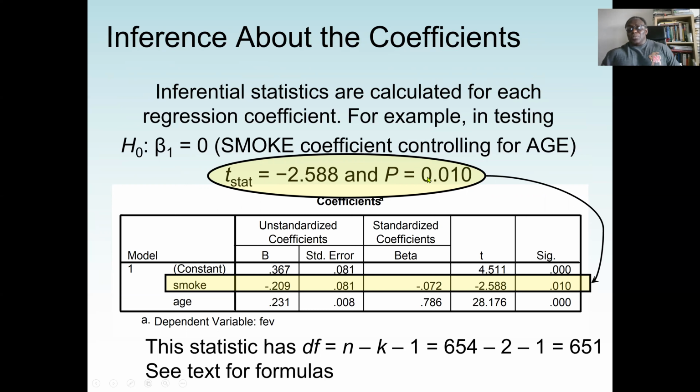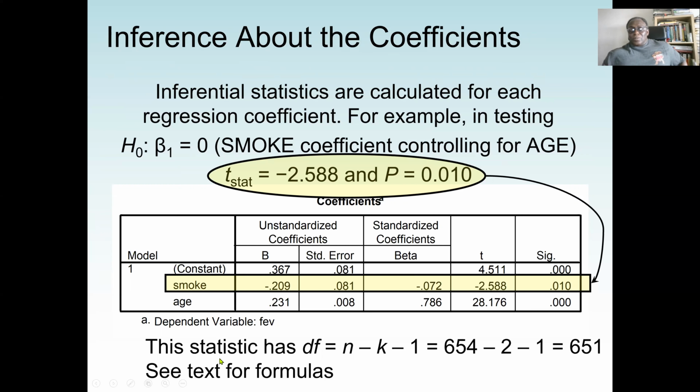Now, using SPSS, we were able to get the slope for smoke and also for age here, and their standard error. With the significance level of 0.010, the t-value we found is negative 2.588.